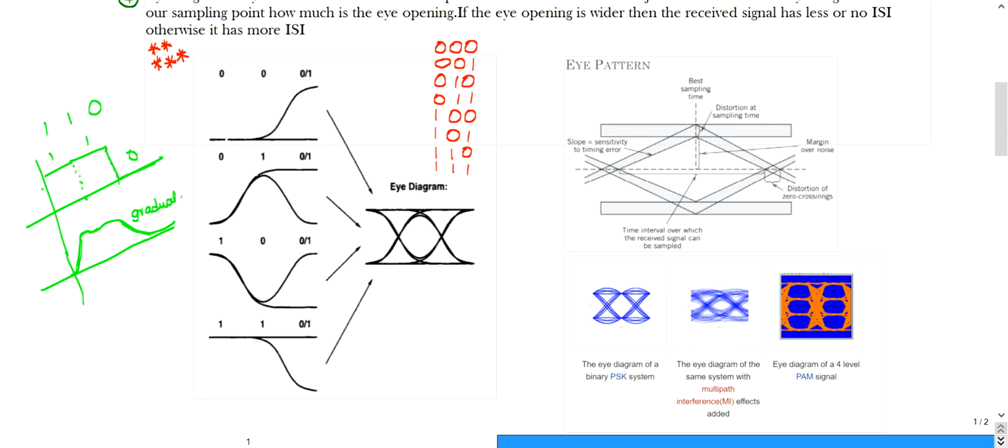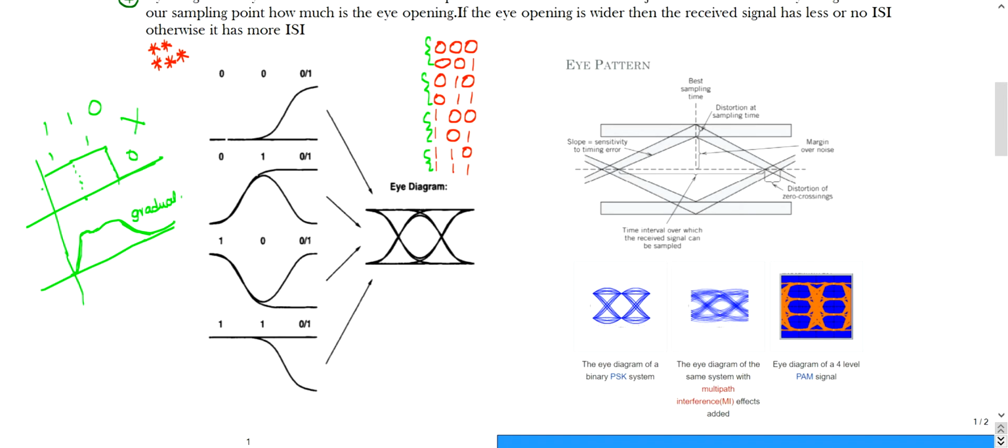Now let us see the next point. What I have done is represent two at a time in one figure, in the form of gradual transitions, not sharp edges.